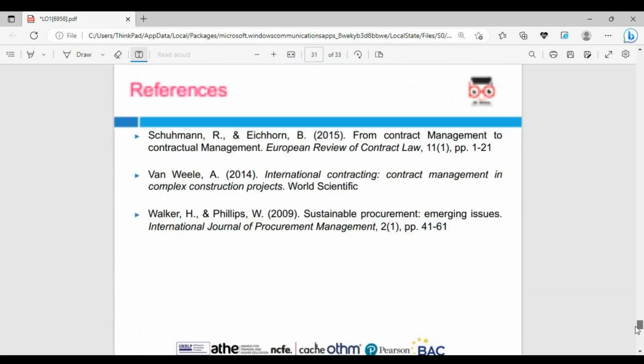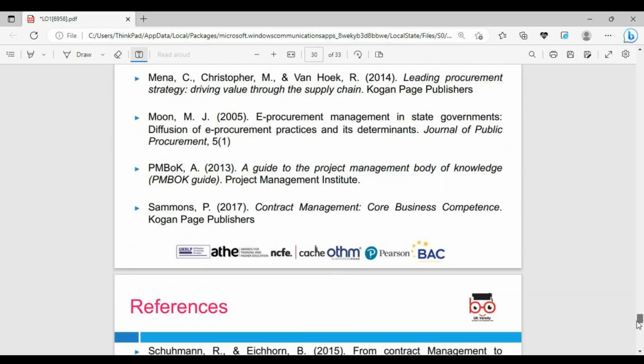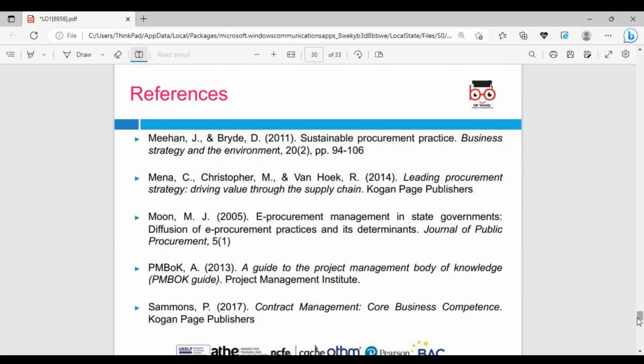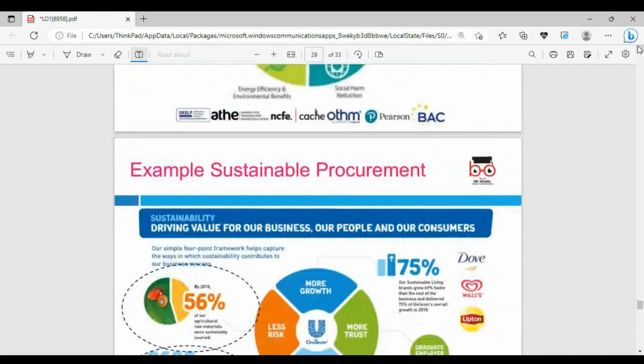Thanks. Today's lesson had a key focus on sustainability, which means meeting the needs of the current generation without compromising the needs of the future generation. We learned about procurement, which is part of supply chain management. We discussed e-procurement and linked our discussion to contract management.